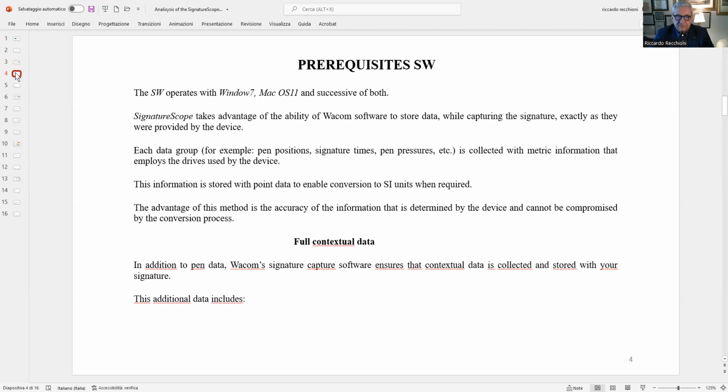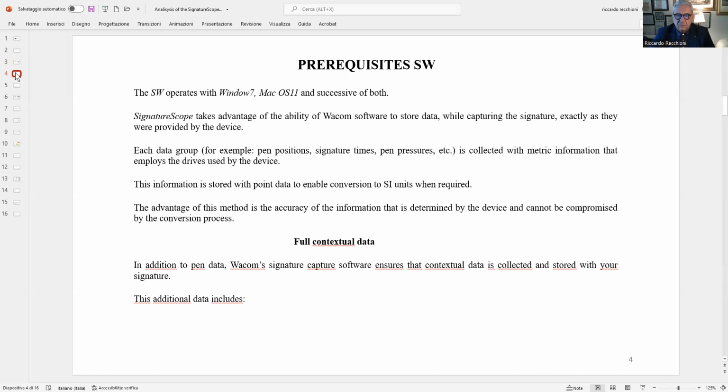This information is stored with point data to enable conversion to SI units where required. The advantage of this method is the accuracy of the information that is determined by the device and cannot be compromised by the conversion process.